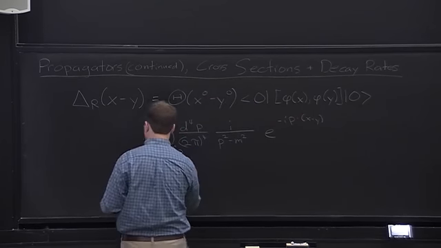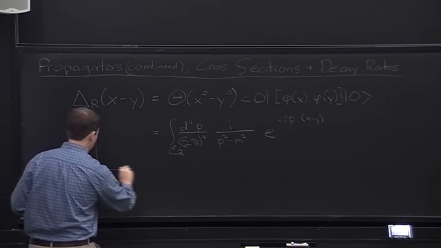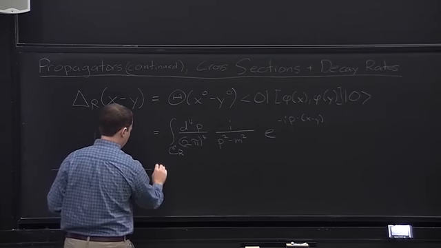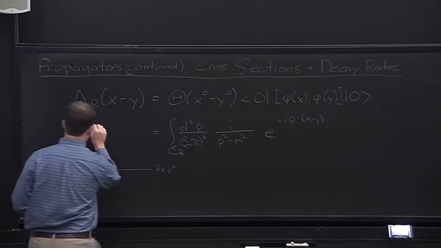And this contour avoided the two poles in the complex P0 plane.